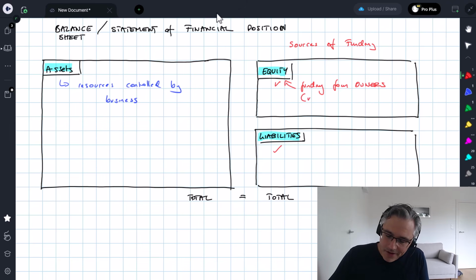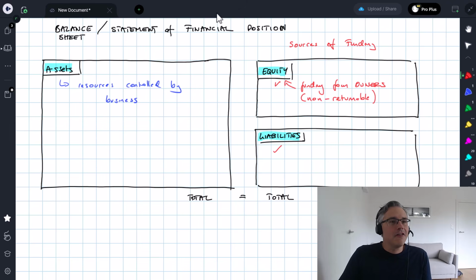And the idea behind it is that it's non-returnable, because when owners provide equity capital into a business, they can't go back and demand that the business pays it back in any way. It's non-returnable. Now, many businesses do engage in the return of capital to shareholders, where they perform share buybacks. Obviously, they pay dividends as well, but that is not a compulsory thing that shareholders may demand.